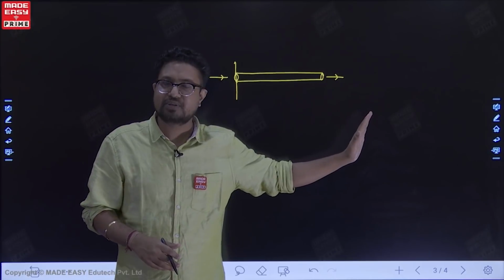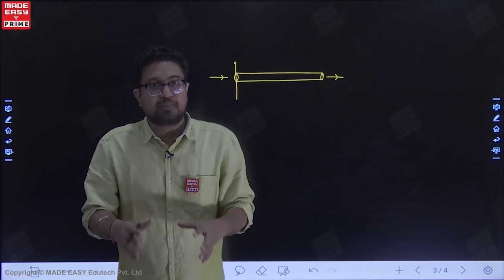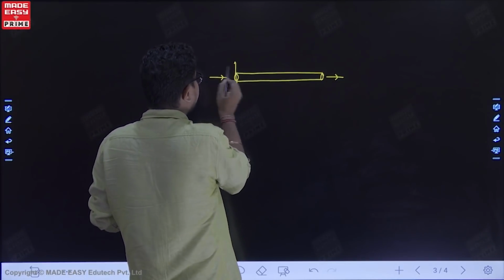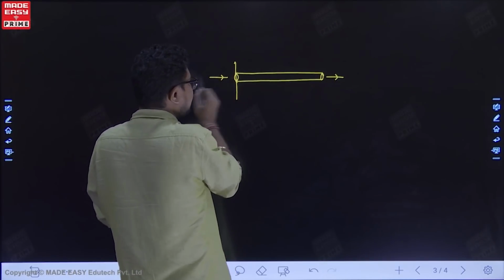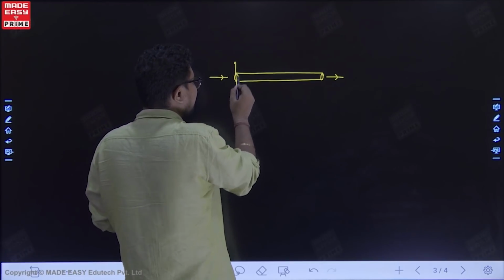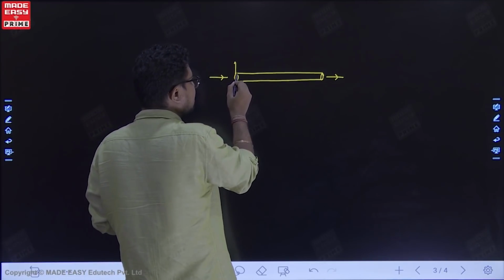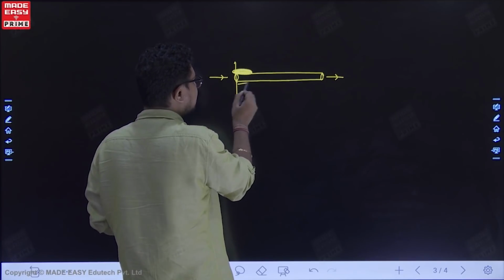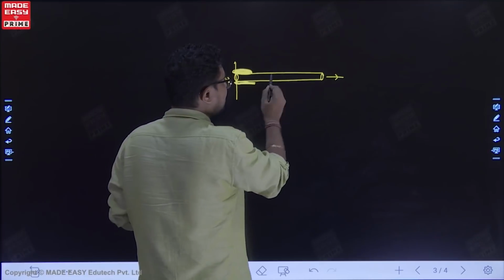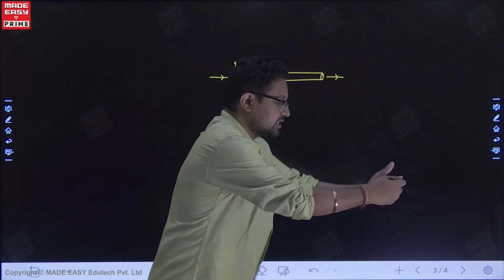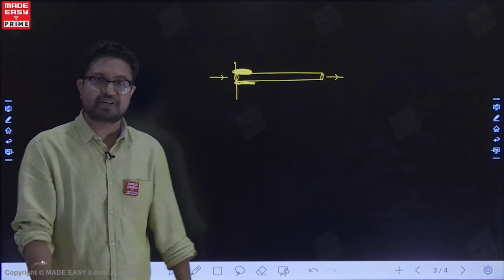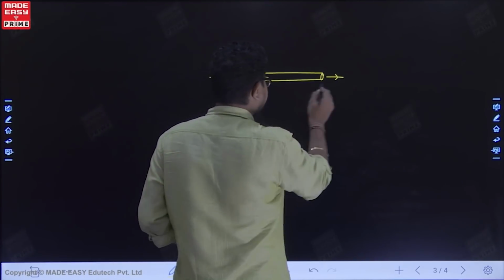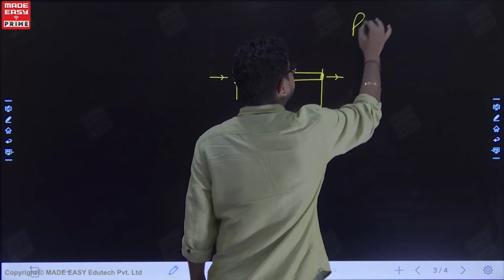So if a liquid enters, pushed by the liquid behind at high pressure, that liquid has to continuously use that force to overcome the resistance offered by this surface. So as the liquid moves forward, its pressure continuously drops.